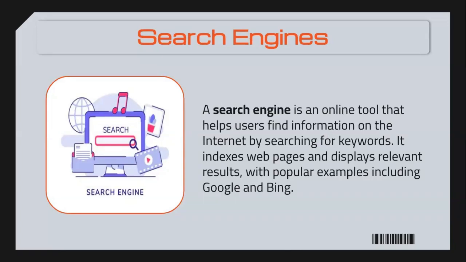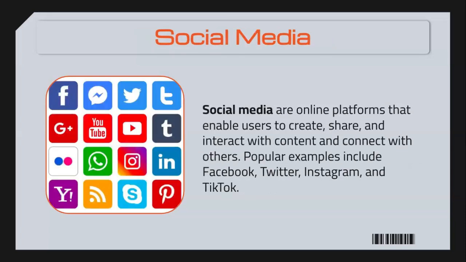And it can link to what we learned yesterday, I guess, because we used Google to do some advanced search yesterday. There's also social media. Social media are online platforms that enable users to create, share, and interact with content and connect with others. Popular examples include Facebook, Twitter, Instagram, and TikTok.